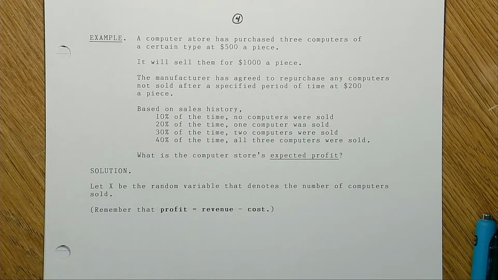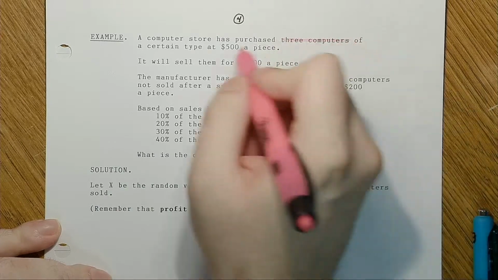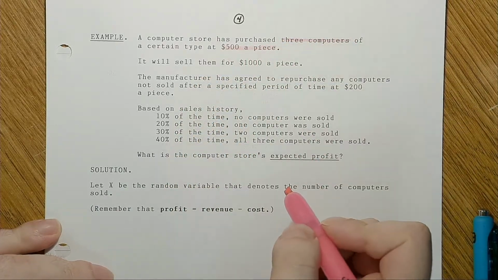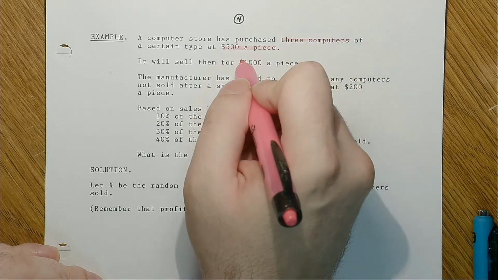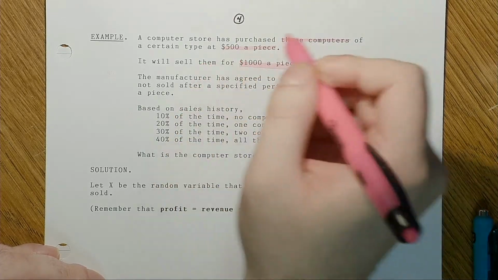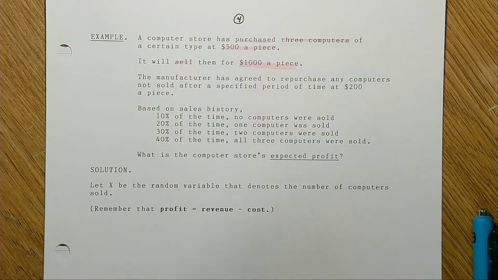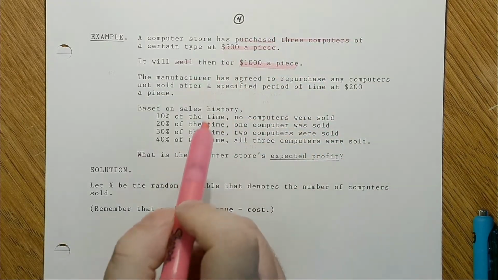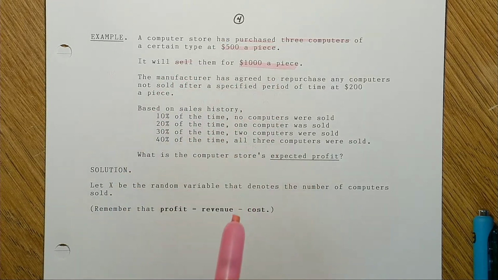So again, as you're studying for tests, this is important: there's information. We have 3 computers. There's 500 apiece. They will sell them for 1,000. So they have purchased them, so they're down 500 apiece. So that's they're down 1,500, and hopefully they will sell them at 1,000 apiece.